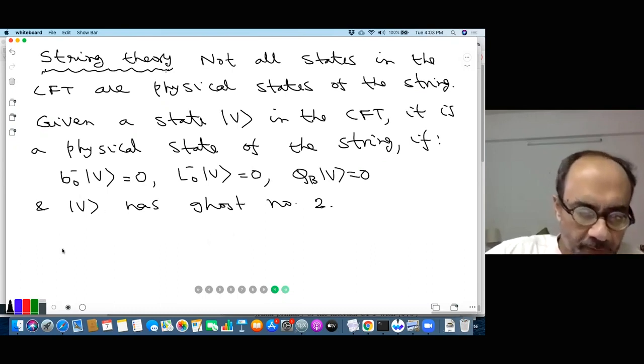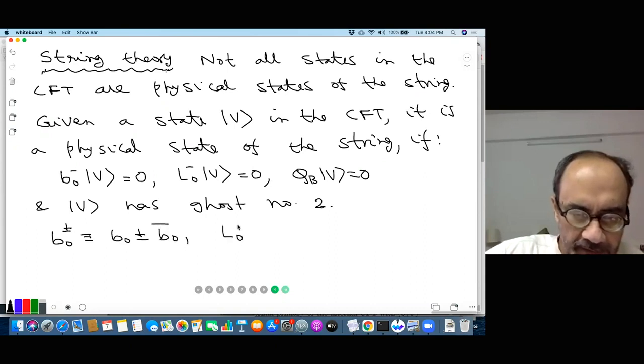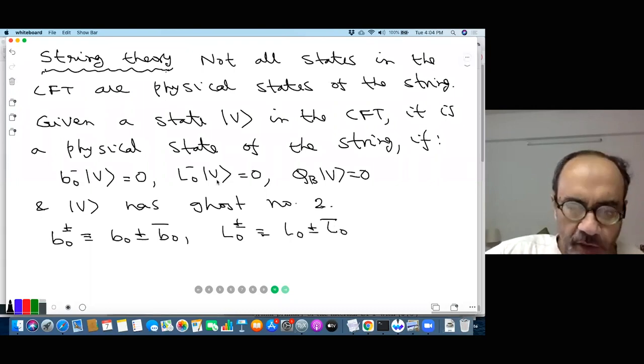B0 minus, we have to define what these are. So B0 plus minus is defined as B0 plus minus B0 bar, and L0 plus minus is defined as L0 plus minus L0 bar. So this is sometimes called a level matching condition.